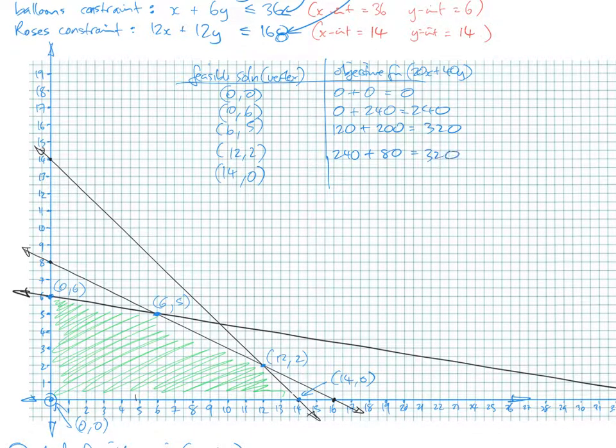That's also 320. And 14 times 20 is 280, 0 times 40 is 0, so 280.